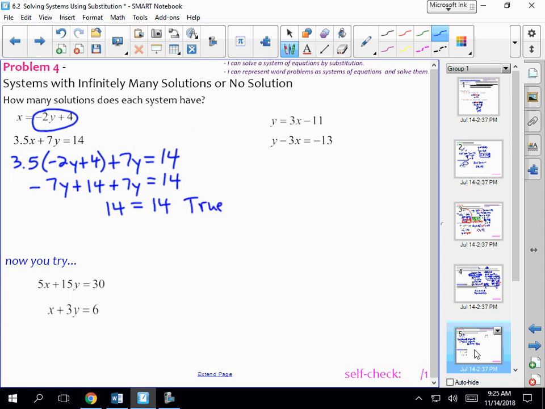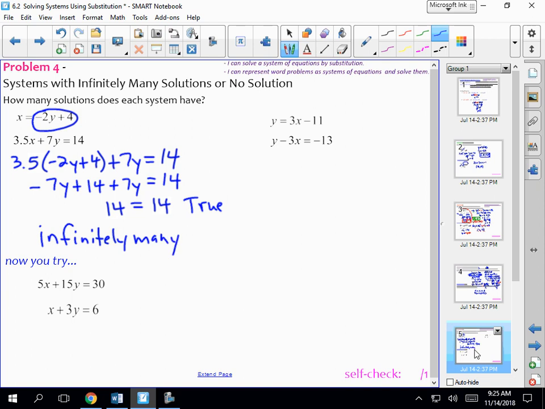It's true. 14 does equal 14. What's the interpretation, do you think, of this? Which case would this fall into, the infinitely many or the no solution case? Okay, both are good. It's got to be one of those, yeah, but it doesn't matter what y was, it's the infinitely many case. So when you get a true statement, it's infinitely many.